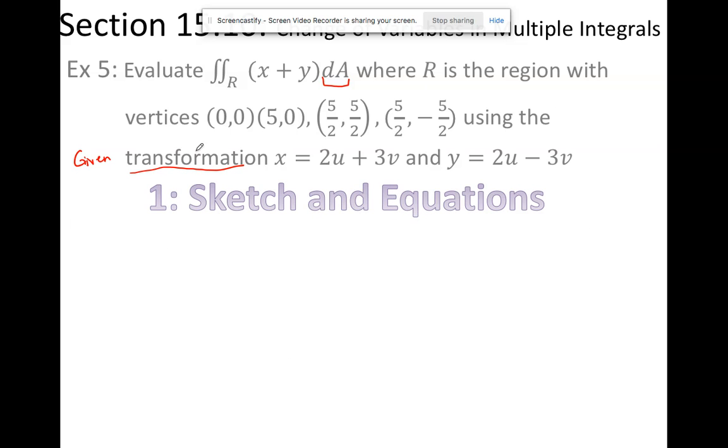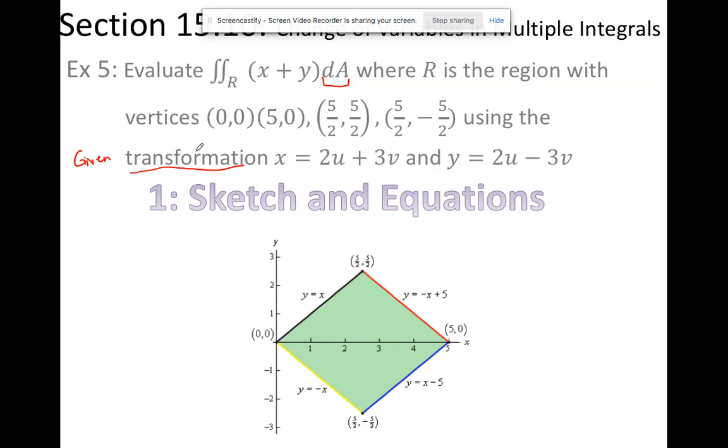So the first thing I'm going to do is sketch and get the equations in the xy plane. So (0, 0), (5, 0), (2.5, 2.5), (2.5, negative 2.5). And then I drew those 4 lines and wrote the equations of the bounds, noticing that I have a set of parallel equations with a slope of 1, y equals x minus 5.